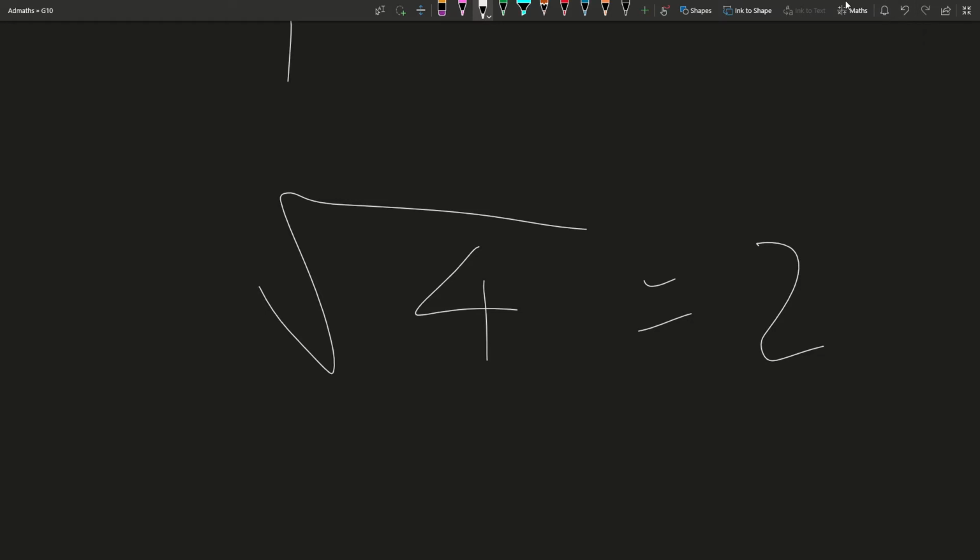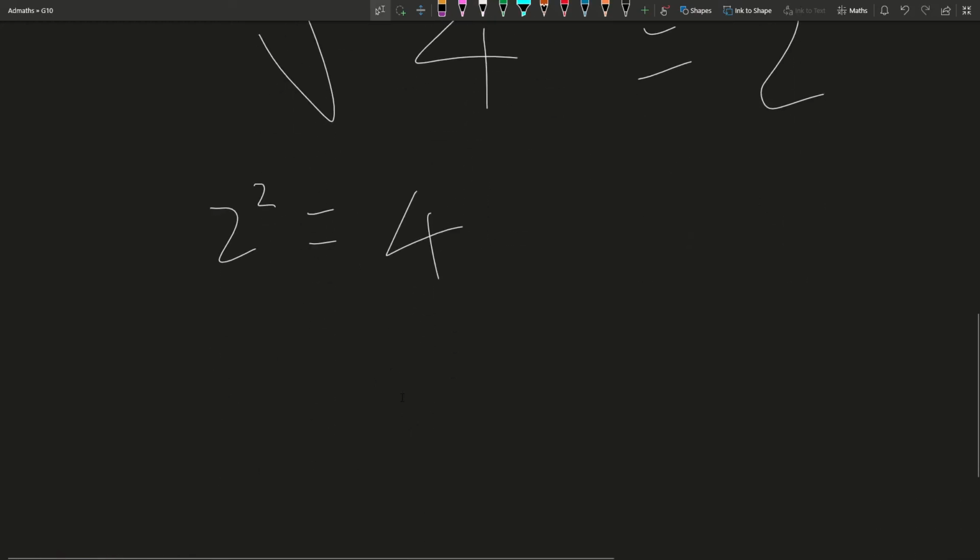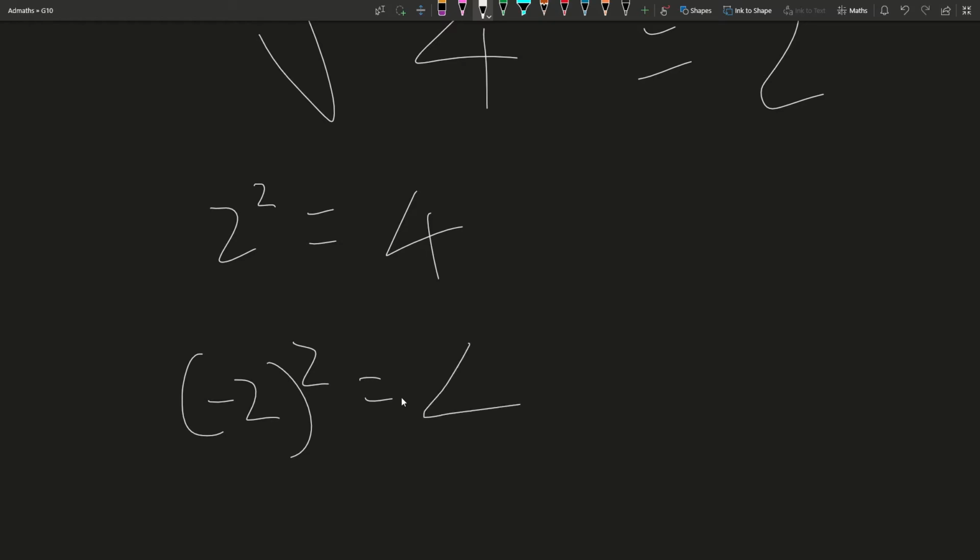That's the same as saying 2 squared is equal to 4. Now, what about minus 2 squared? You end up with 4 as well, because the negatives cancel out.